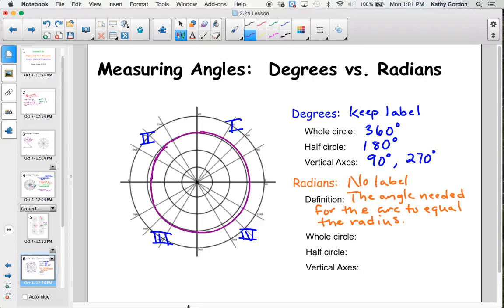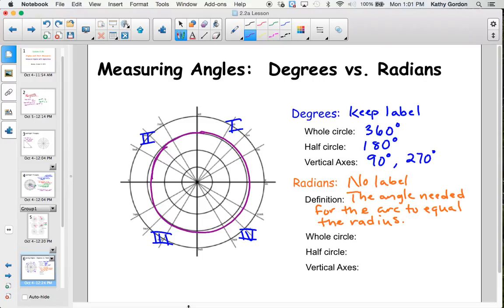Now, if I take that length and I start here where my initial side would start, and I follow along the circle for that same distance, that piece of the circle is called an arc.